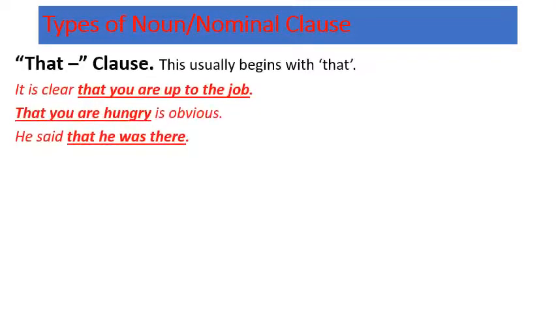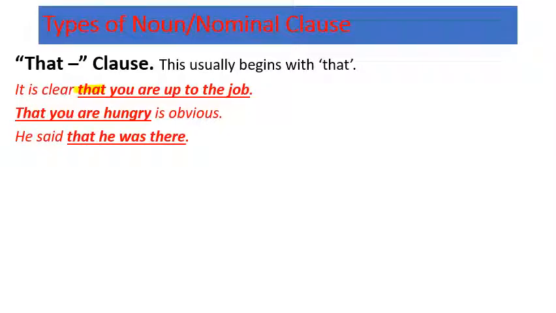And here, these points. The first one, that clause. A noun clause can be introduced or can begin with that. It's clear that you are up to the job. This noun clause is introduced by that.